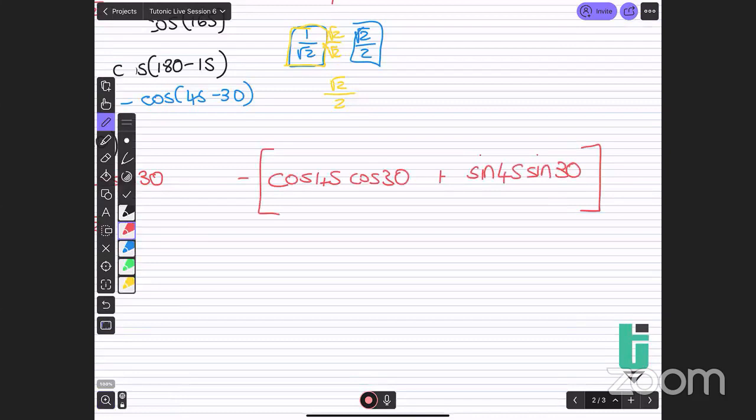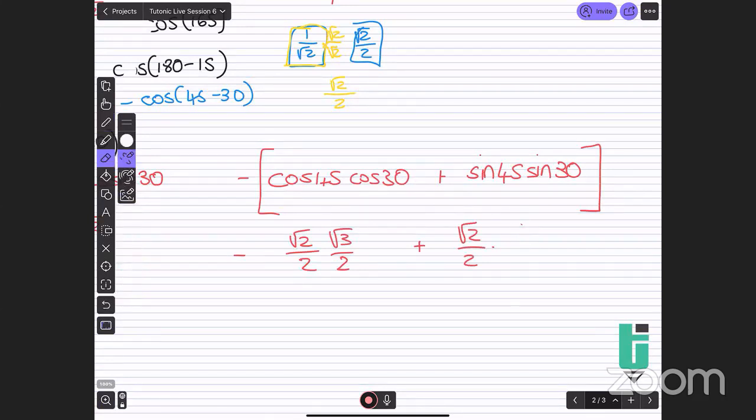What's cos 45? Root 2 over 2. Cos 30? Root 3 over 2. Watch how they all give the same answers. Then sine 45 is also root 2 over 2 and sine 30 is a half. I think I know this off by heart now.